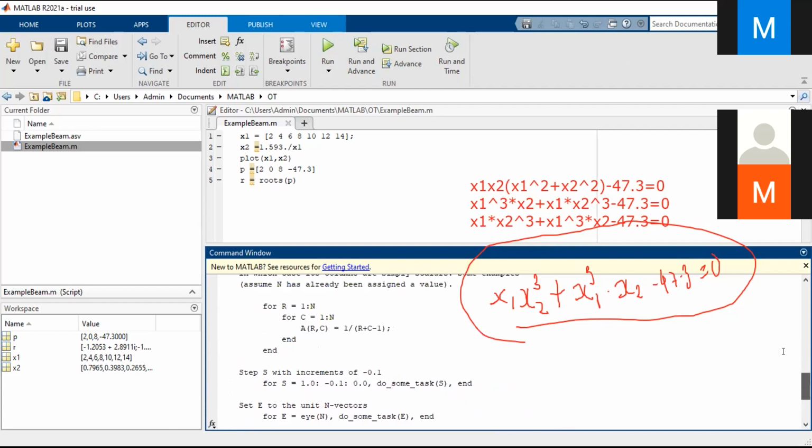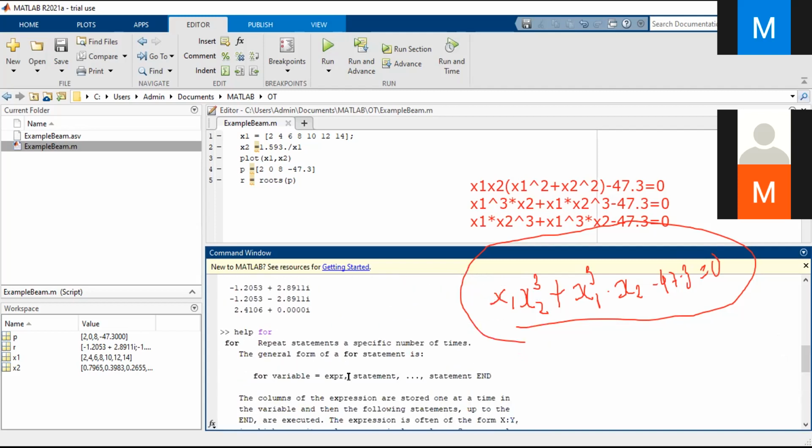Anything you want to understand, you can just write down and that keyword you have to write. So for repeats the statement a specific number of times, and the general form of the statement is for variable, expression, statement, and. Okay.